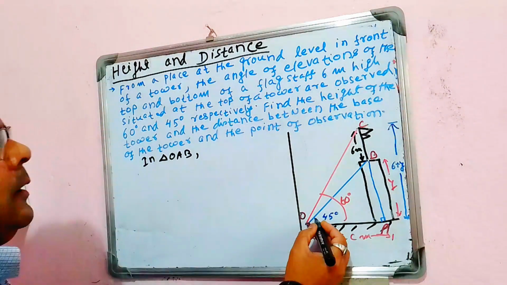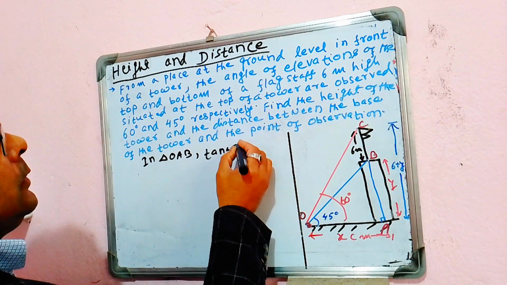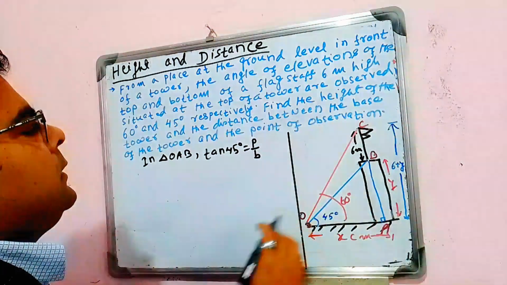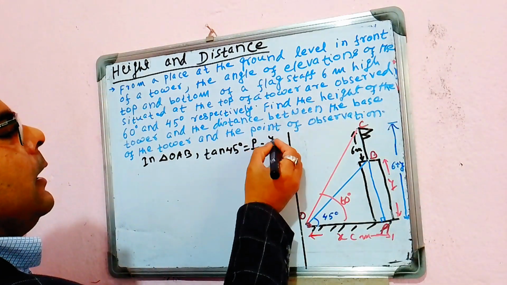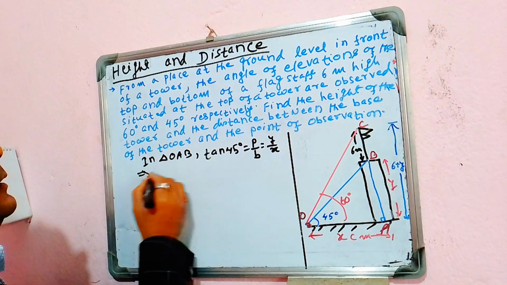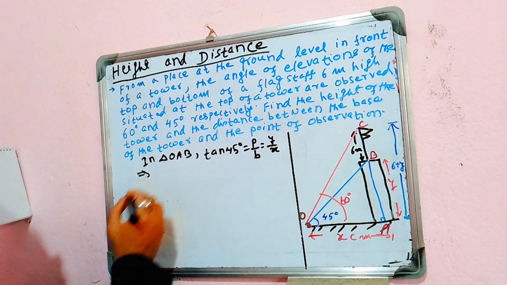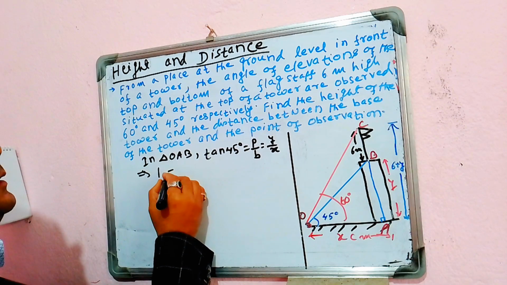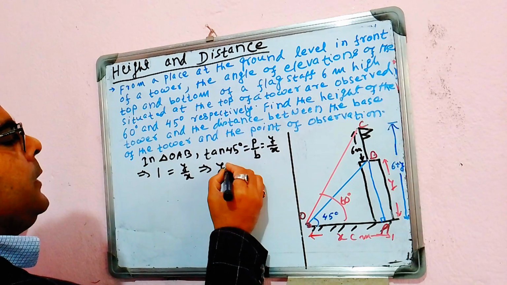So we take tan of this angle 45°. tan 45° equals the ratio of perpendicular and base. For this triangle the perpendicular is y and the base is x, and you know the value of tan 45° is 1. You have to remember these values of tan, sine, cosine, etc. Then 1 equals y over x, which gives y equals x.